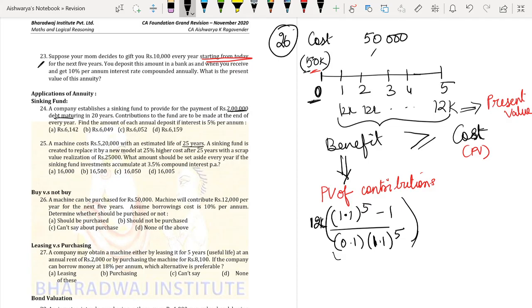Okay. So let's go to the 27th question now. Read, Archana. Can I erase this question? Yeah. Read the 27th one.